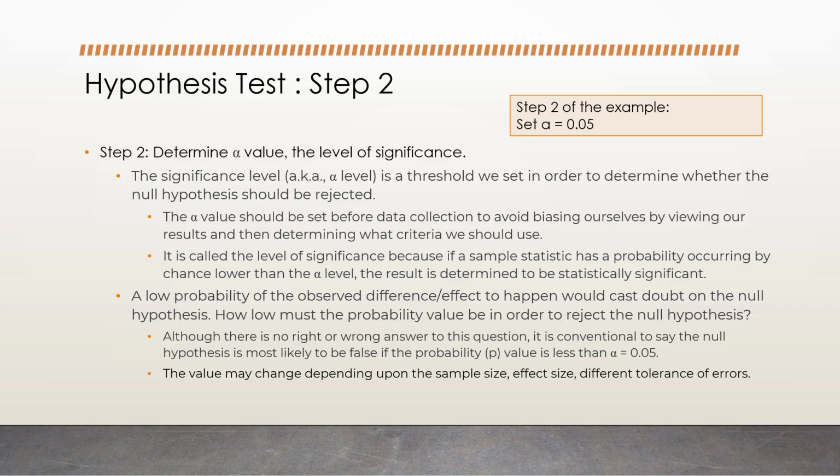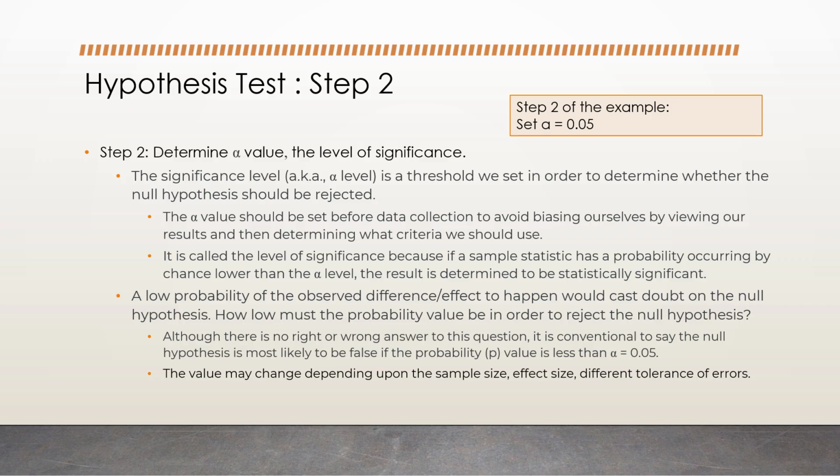It's called the level of significance because if a sample statistic has a probability of occurring by chance lower than the alpha level, the result is considered statistically significant. A low probability of the observed difference happening by chance casts doubt on the null hypothesis. So the question is, how low must the probability be to reject the null hypothesis?